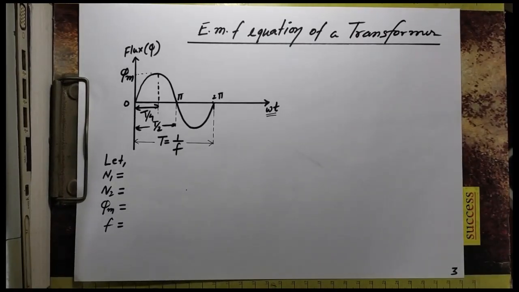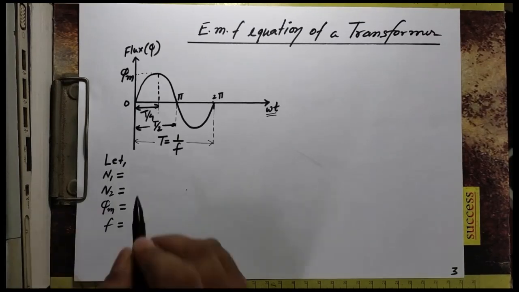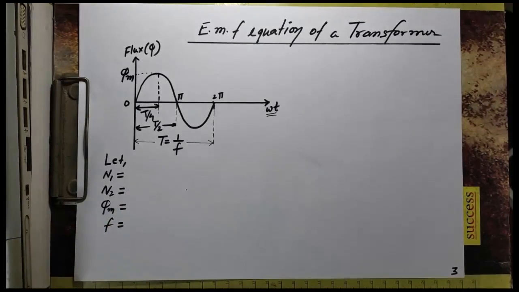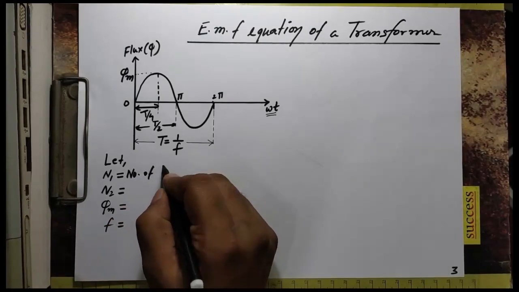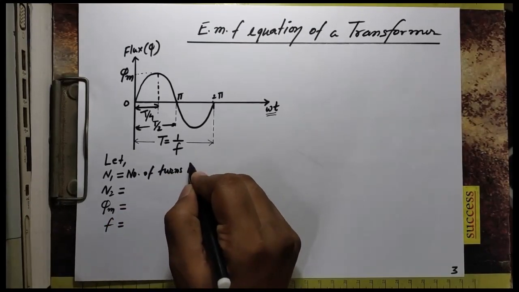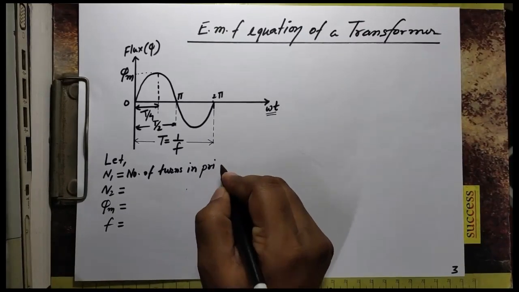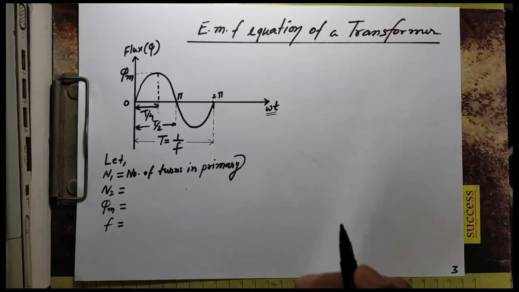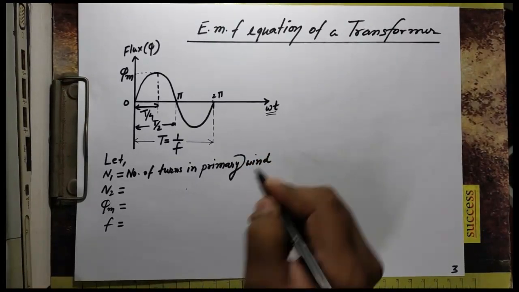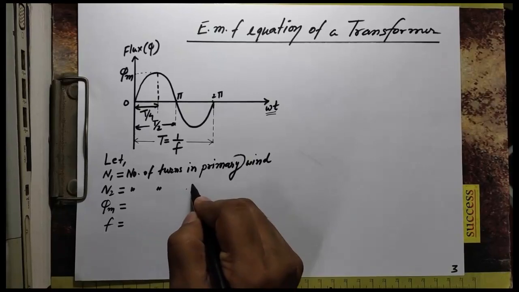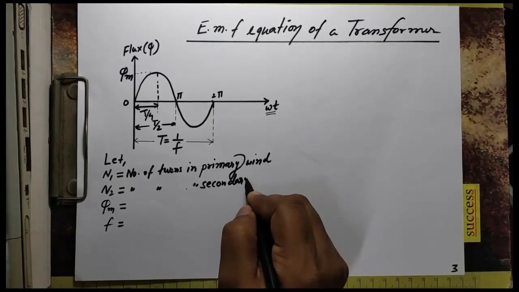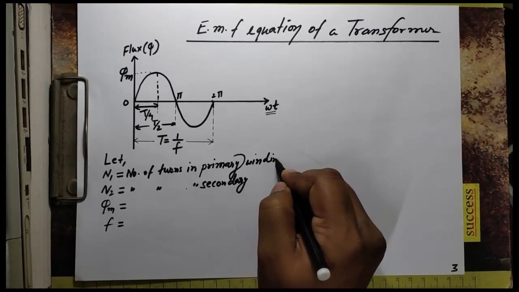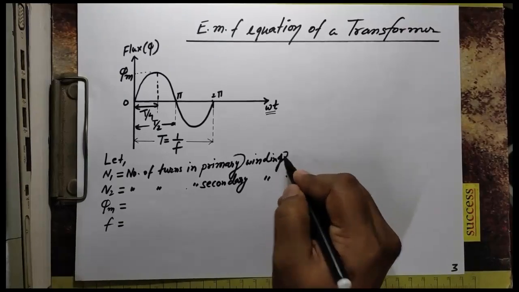Now see, let N1, what is N1? N1 is the number of turns in primary winding. N2 is the number of turns in secondary winding.